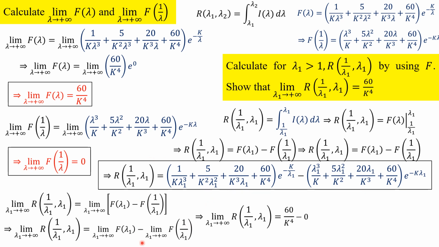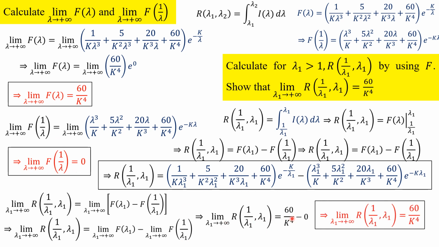But clearly, the limit of f of lambda 1 as lambda 1 tends to positive infinity is the same as the limit of f of lambda as lambda tends to positive infinity, which is 60 on k to the power 4. So I replace. Now the limit as lambda 1 tends to positive infinity of f of 1 over lambda 1 is the same as this limit, which is 0. I replace. So I do the difference and I get the limit as lambda 1 tends to positive infinity of A of 1 over lambda 1 to be 60 divided by k raised to the power 4 as required.